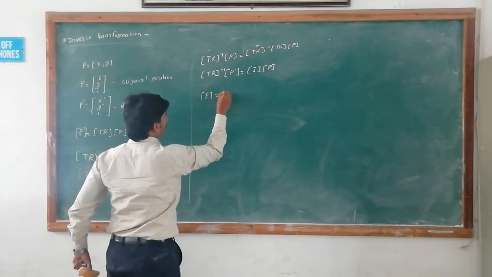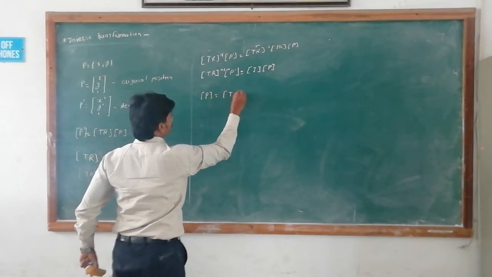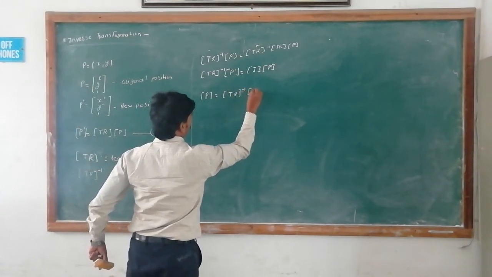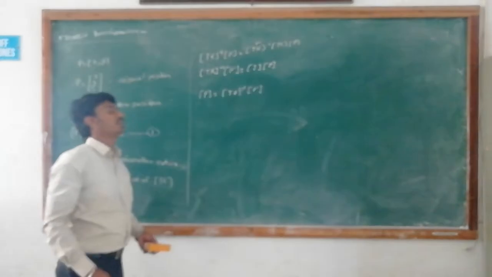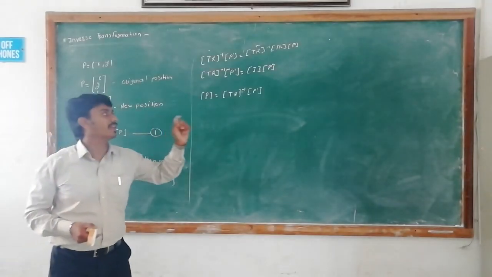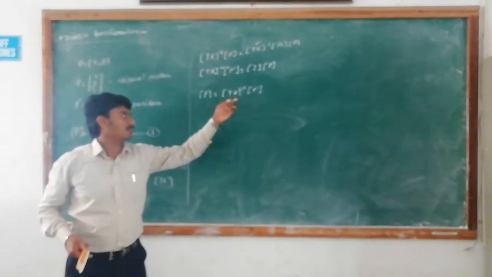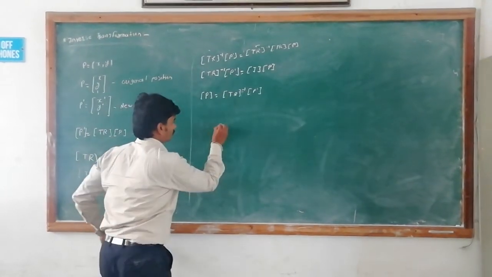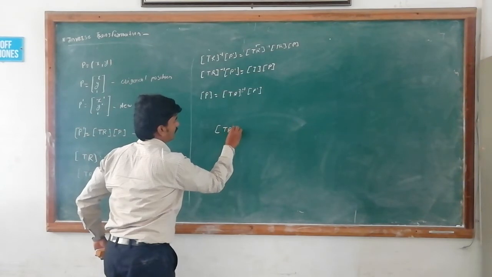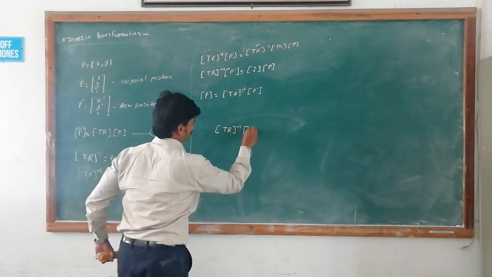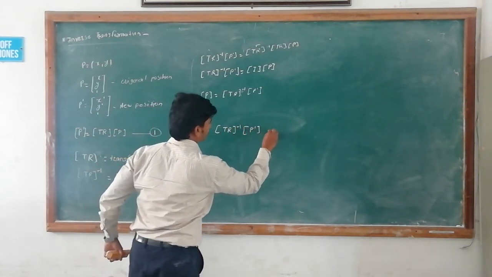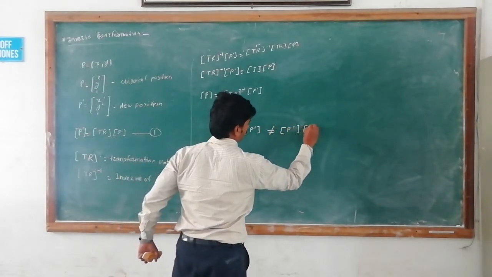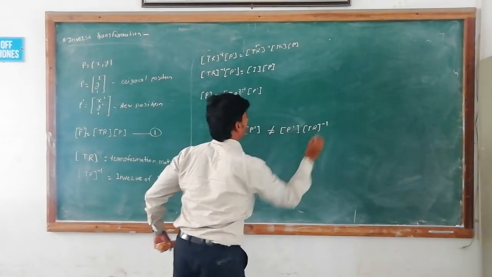So we can write P is equal to TR inverse into P dash. Remember that TR inverse into P dash is not equal to P dash into TR inverse.